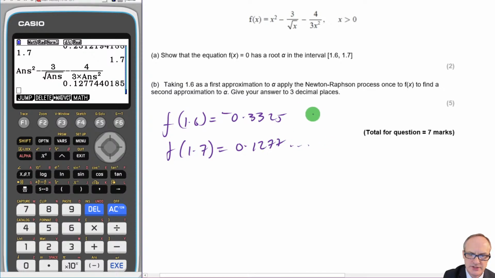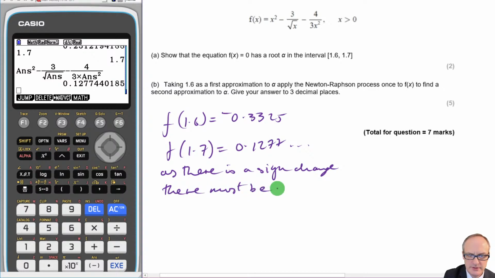And we've got a sign change, as there is a sign change, there must be a root. Okay, so what we need to do now is apply Newton-Raphson. Again, basically, once you learn the formula, once you learn the method of sign changes, that's it. That's all there is to Newton-Raphson questions, pretty much.